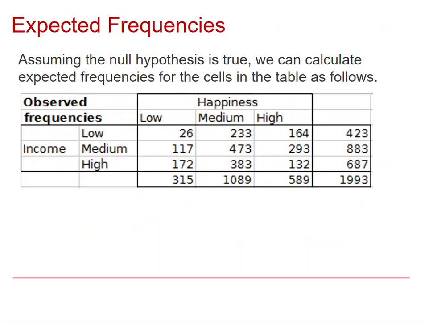Now that we have established our hypotheses, we want to calculate our expected frequencies. So assuming that the null hypothesis is true, that is to say that there is no association between income and happiness, then we would expect the proportion of people in each of the income categories to appear in the same proportions as their happiness levels.